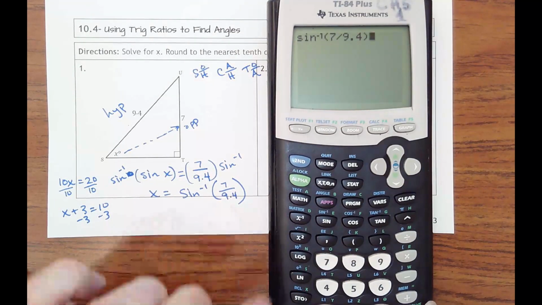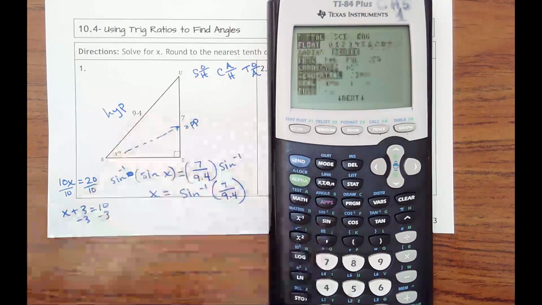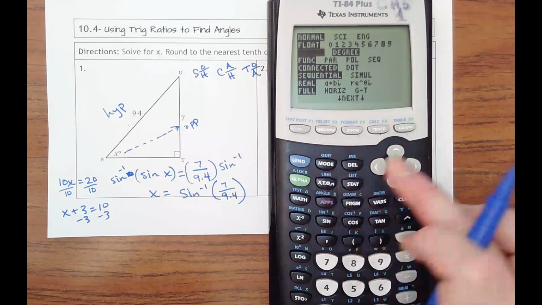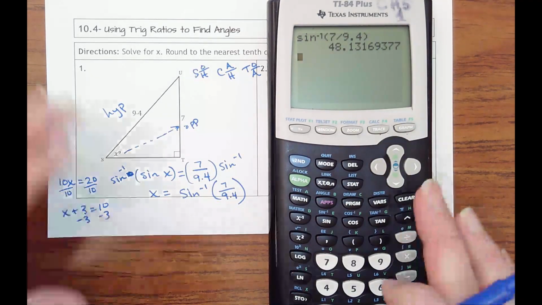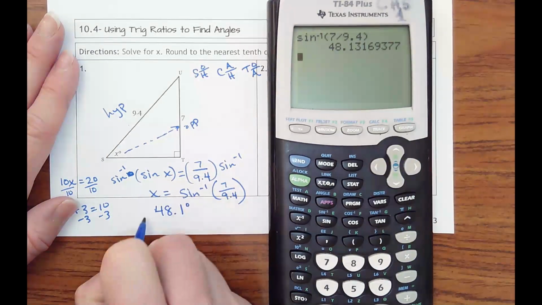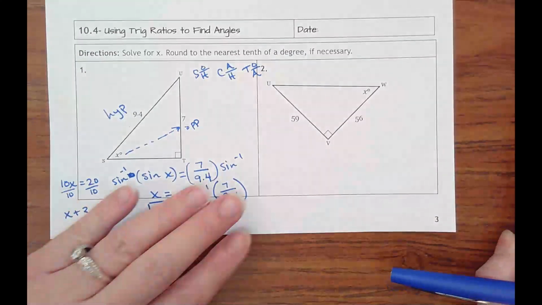That's it. As long as you are in the right mode. And those of you that use my calculators, I would check, because sometimes I'll have other classes use the other mode, but make sure you're in degrees. So the degrees of that angle would be 48.1, which looks reasonable.